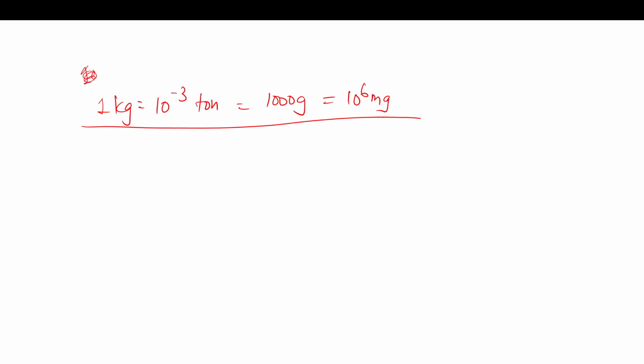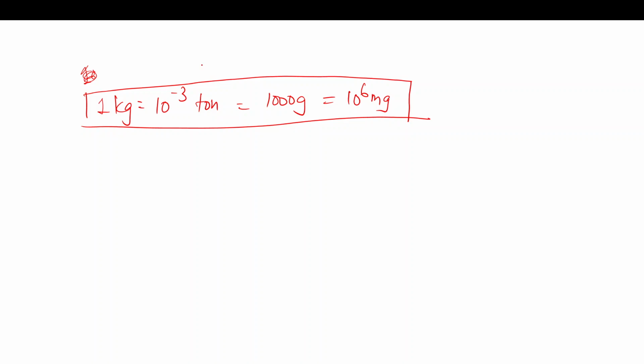Yeah, so the conversion is: 1 kg is equal to 10 to the power minus 3 ton. That is equal to 1000 grams. That is equal to 10 to the power 6 milligrams, right? So this is the conversion of kg into tons, milligrams and grams.